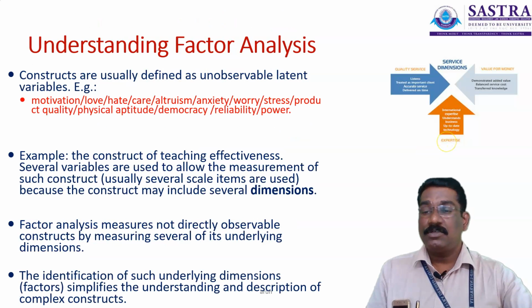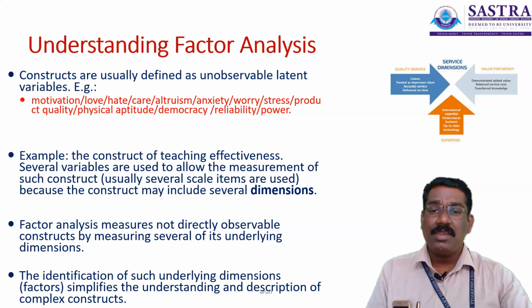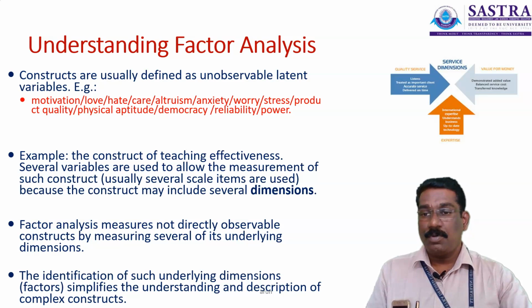Moving further to understand factor analysis, we all know that constructs are usually defined as unobservable latent variables. I can give you an example of motivation. Motivation consists of many items which really motivate an employee. Motivation is not one single item. Do you understand this?